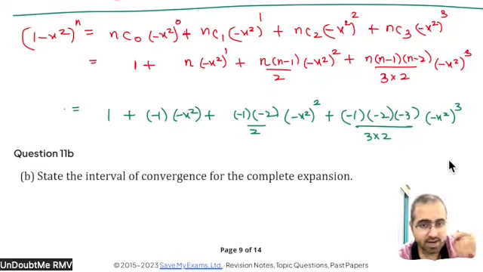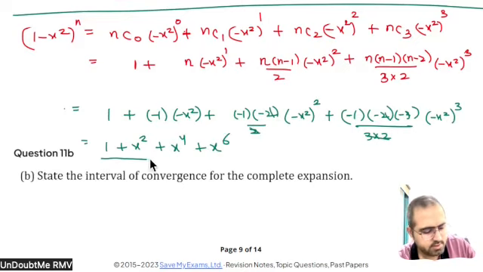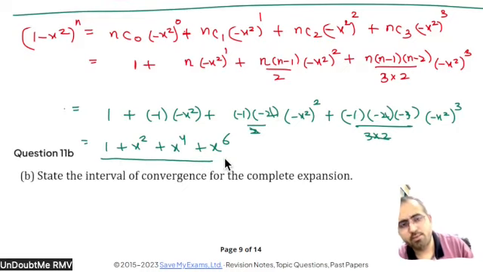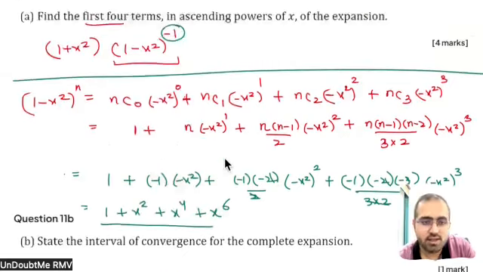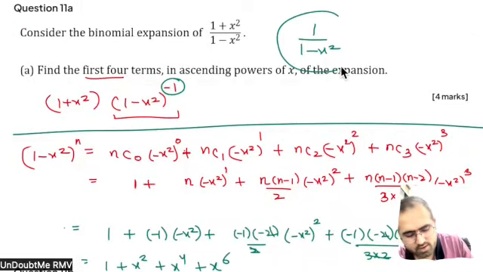Please put it in brackets properly. 1 plus x square, 2 cancelled, minus minus is plus, so it will be plus x to the power 4, and then 3 cancels, minus minus minus, one more minus is created, so minus x to the power 6. These are the terms which we will get when we expand 1 over 1 minus x square.